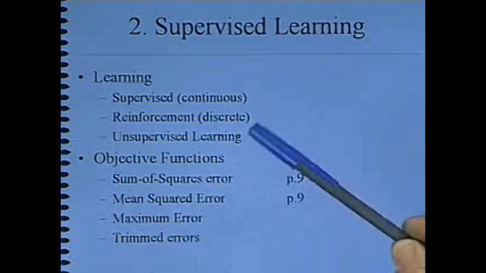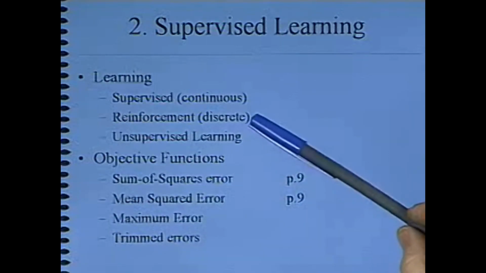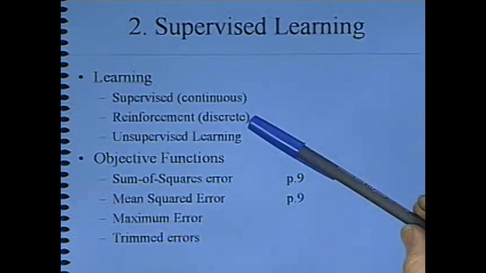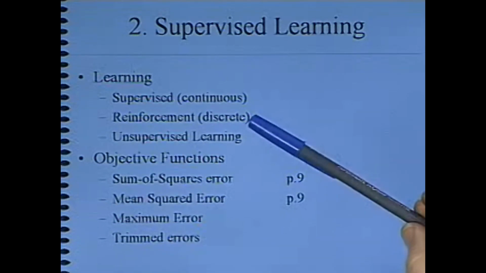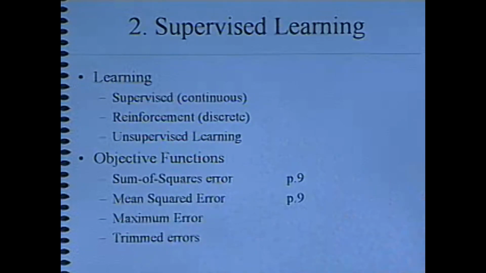There is reinforcement learning, which is very similar to the result that you have with a Rosenblatt perceptron, where you don't tell the classifier how good or bad they're doing. You just say thumbs up or thumbs down. There's no error which is measured. It's just whether you're good or you're bad.